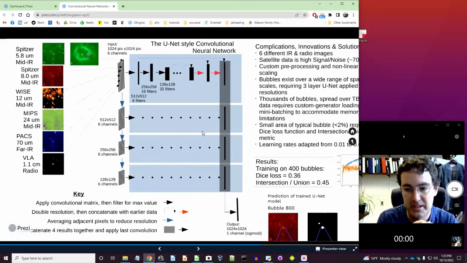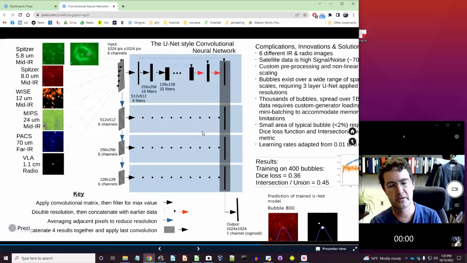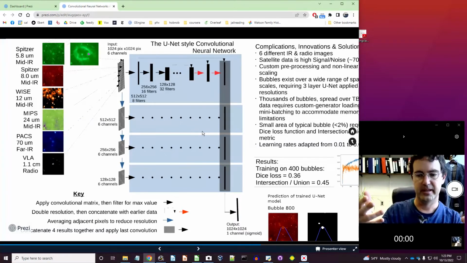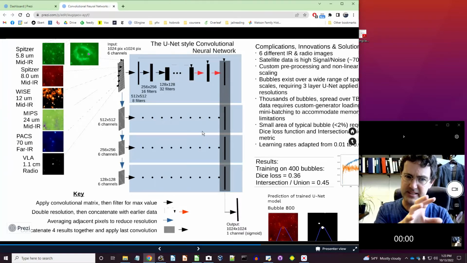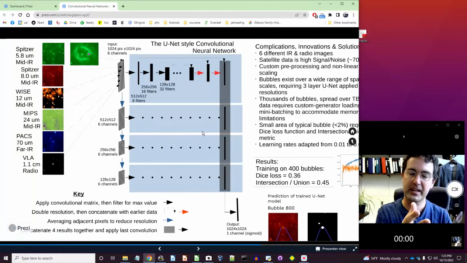For image analysis, I chose a convolutional neural network. Very briefly, the idea of a convolutional neural network is you have a matrix of numbers that is convolved with an image, and then an activation function is applied. The goal of the numbers in the matrix is that when you pass it around the image, it will pick up on structures.